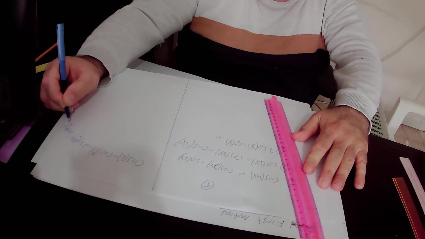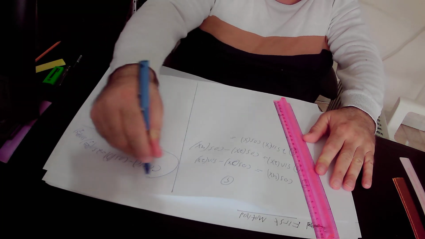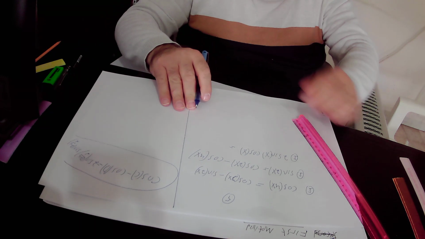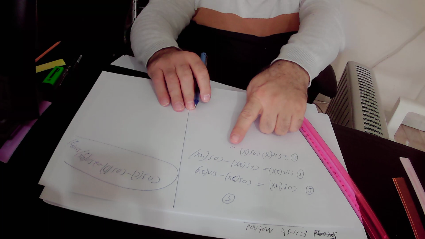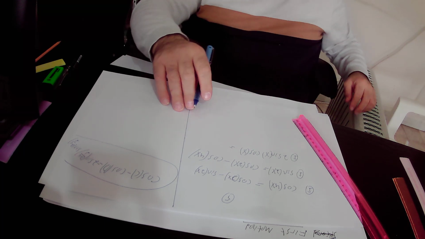We will use this trigonometric identity in order to simplify the value of cosine 2x minus cosine 4x. Okay?